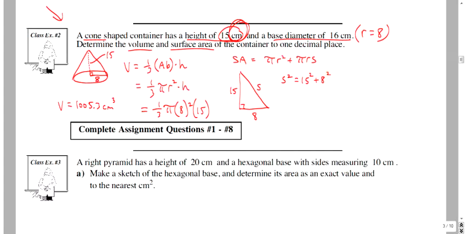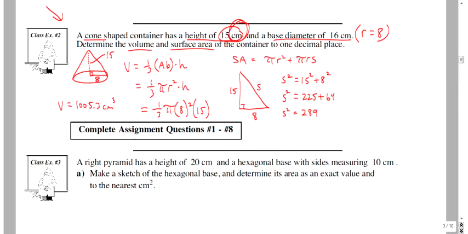Okay. 15 times 15 is 225. 8 times 8 is 64. That's what s squared is. So s squared is 225 and 64 is 289.